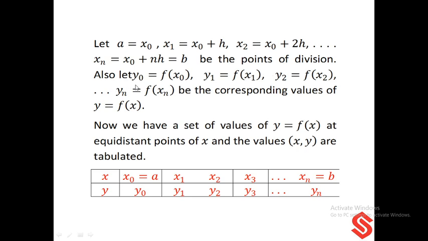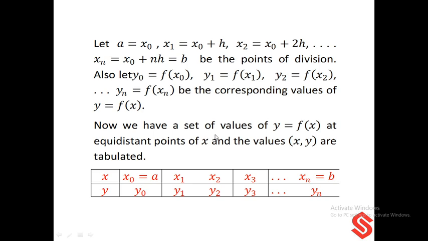Also let y naught is equal to f of x naught, y1 is equal to f of x1, y2 is equal to f of x2, etc., yn is equal to f of xn be the corresponding values of y is equal to f of x.